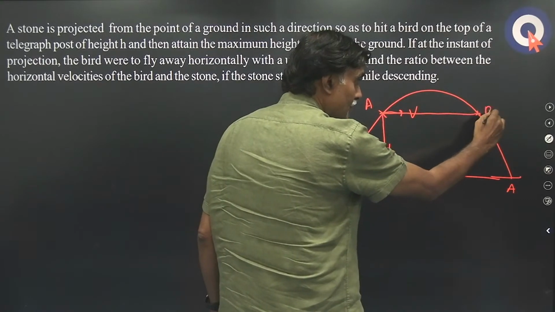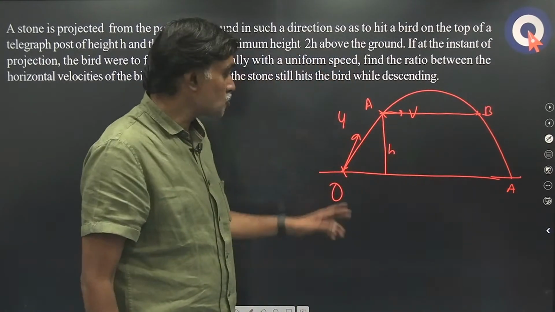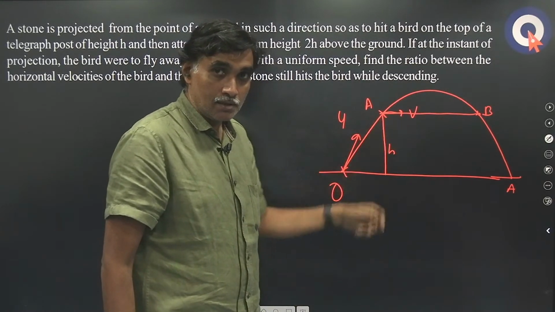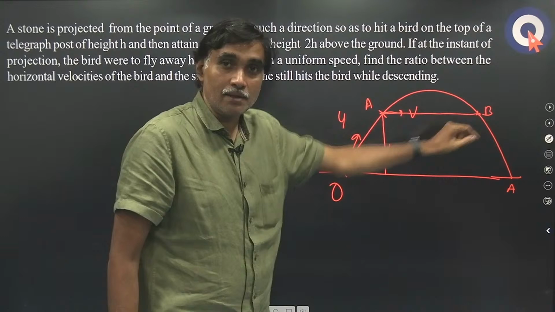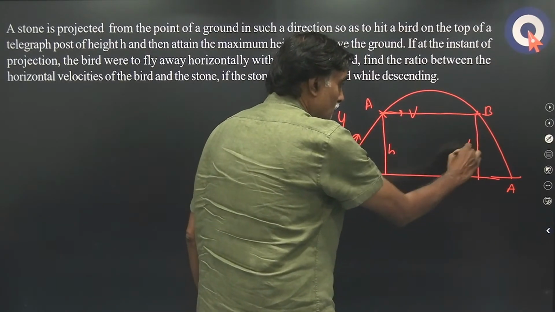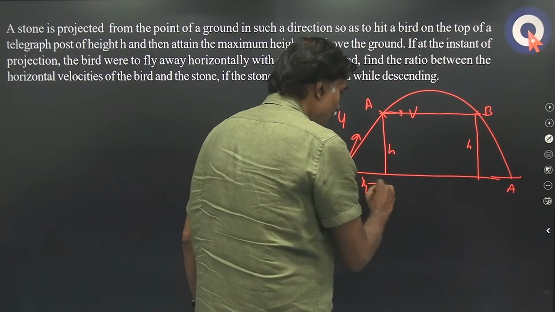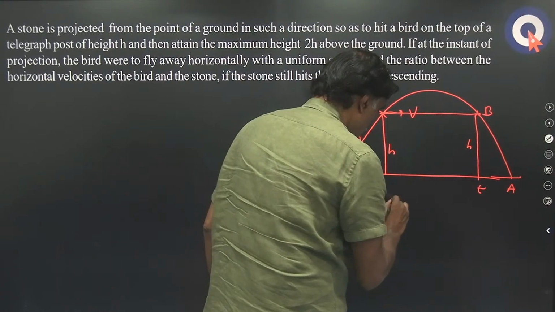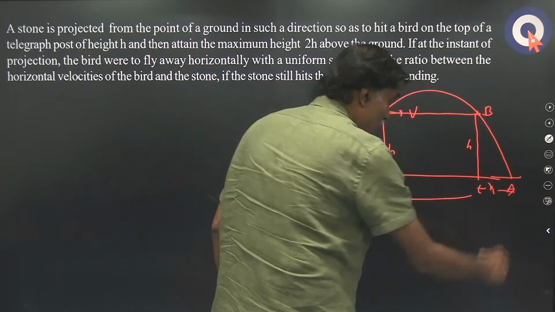So let us say B. If the stone has to still hit the bird, it has missed at A, it has to hit the bird at B. So let us say this is x1, this is x2, and this is also x1 anyhow.